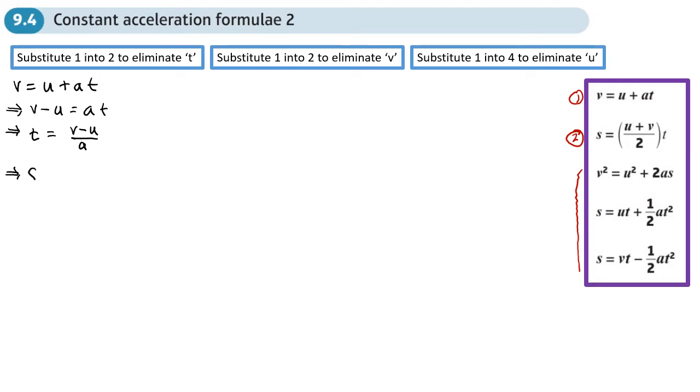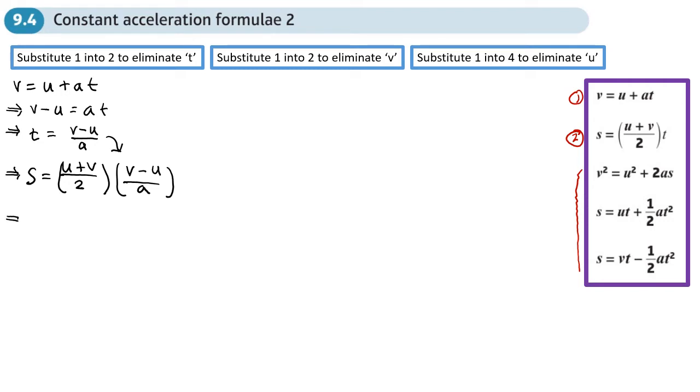So here comes the substitution. I now have s equals (u plus v) over 2 times, so t we substitute for this, and we get (v minus u) over a.